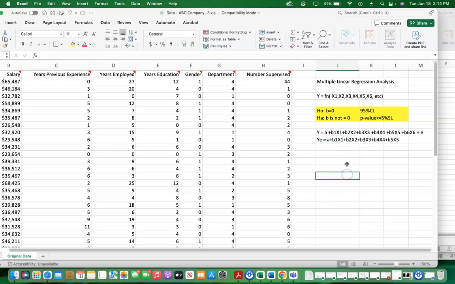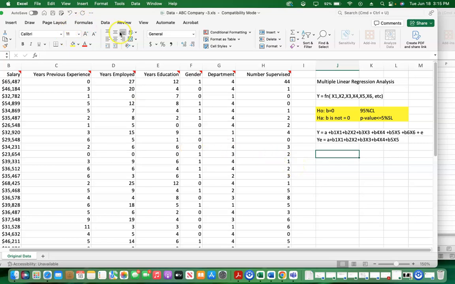So that's the estimated salary. And in this case, we're going to do this estimation, and we'll test these slopes to see which one is significant and which one is not.